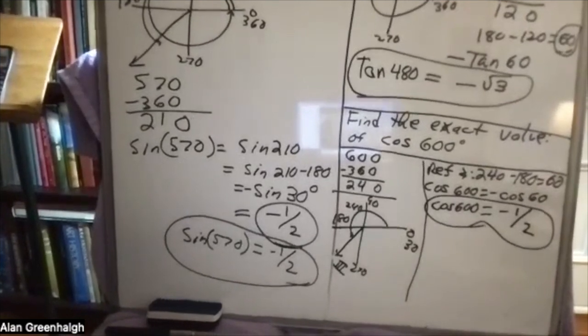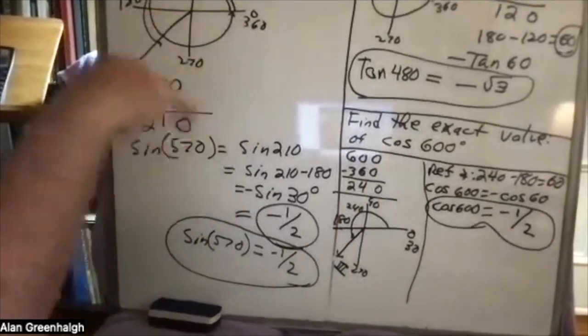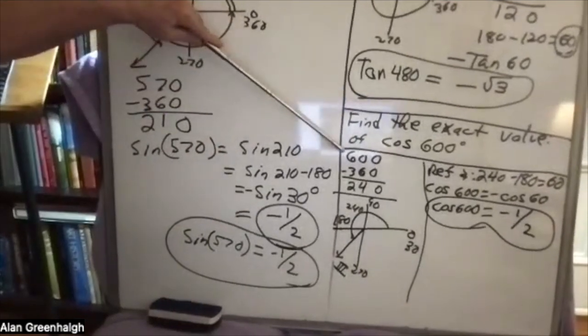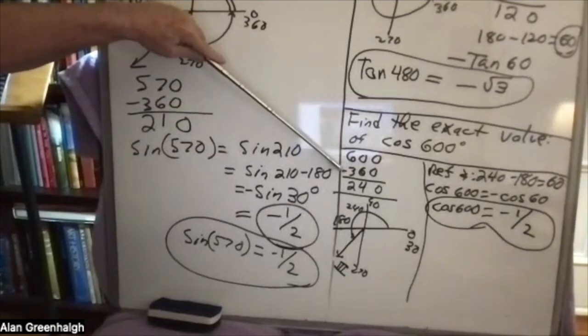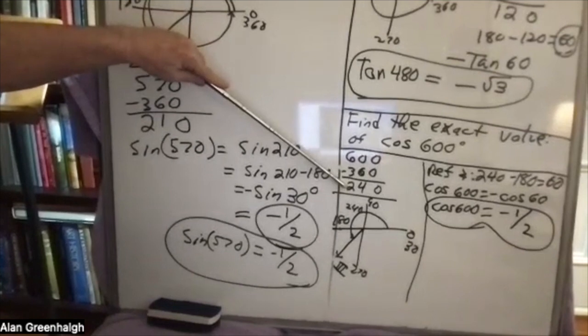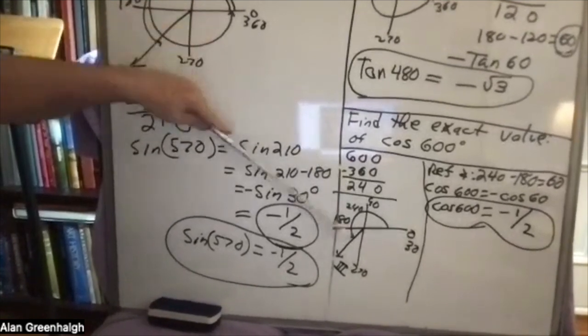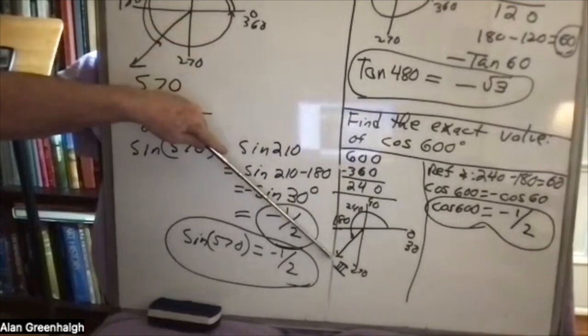And that's how you would do it. So we kind of streamlined the process. With 600, you subtract 360 to get it to be normal. An angle of 240 degrees will wind up in the third quadrant.